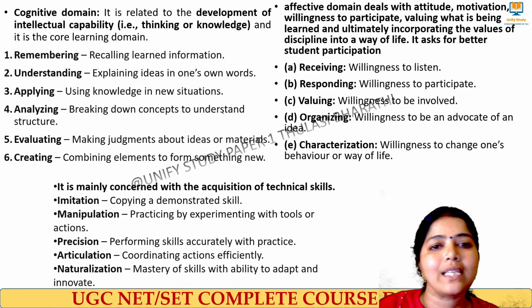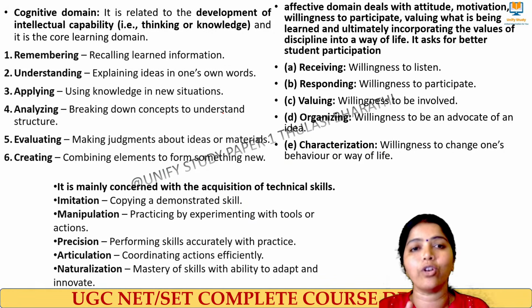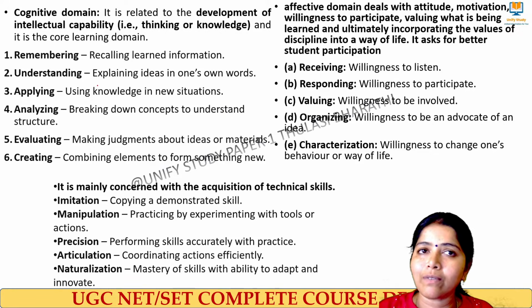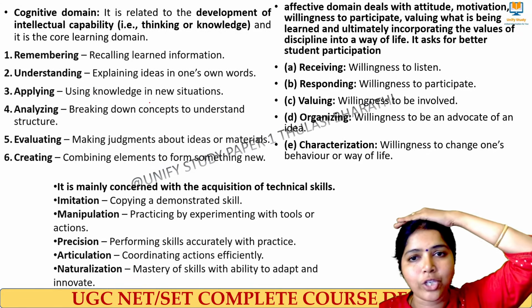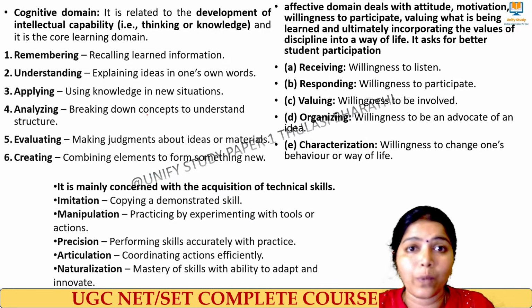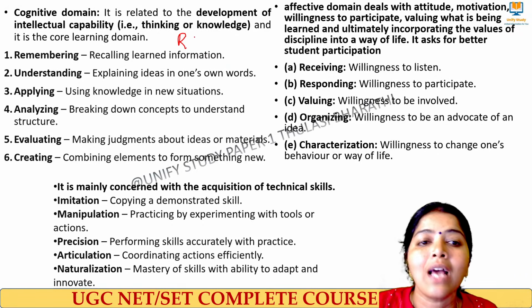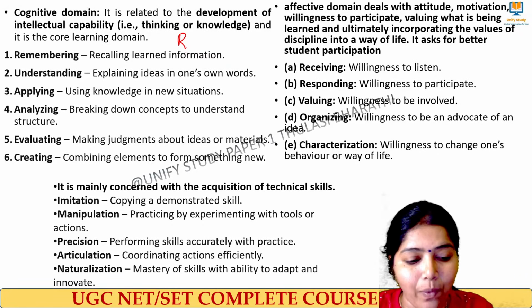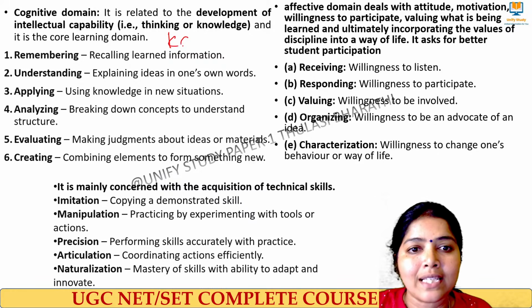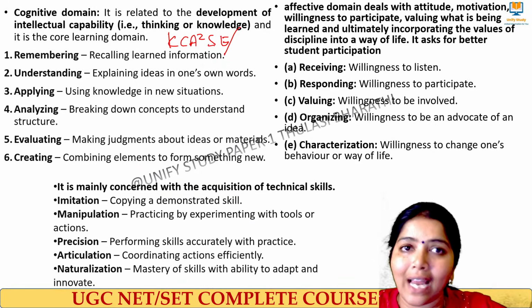Now, this is the overall consolidation of all the three domains: cognitive, affective and psychomotor. Cognitive domain talks about the head, the knowledge. Affective domain talks about the heart, the emotion, the feeling, the attitude, the willingness to do something. In the cognitive domain, we have to remember KCA squared SC, which was in 1956.